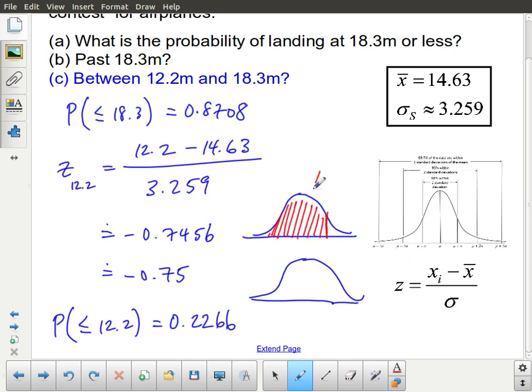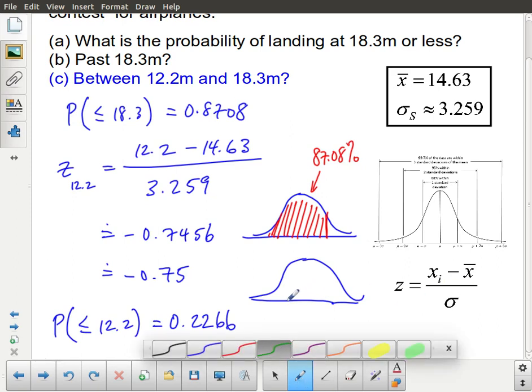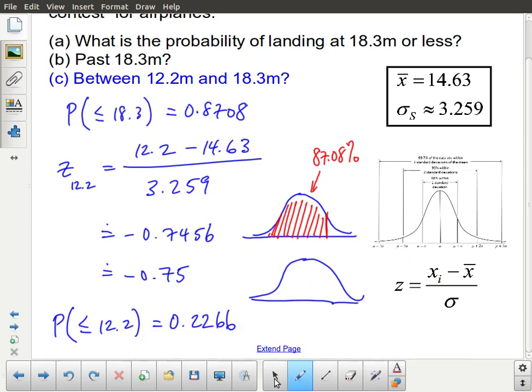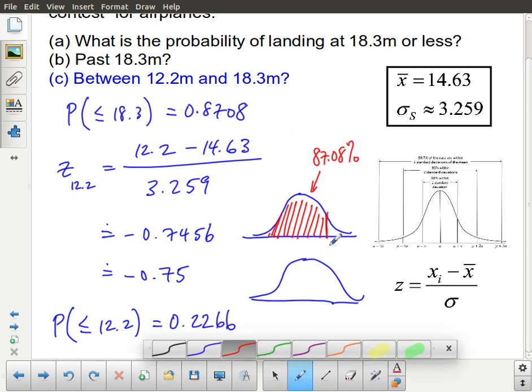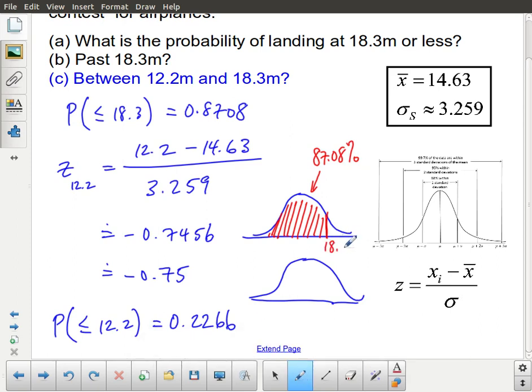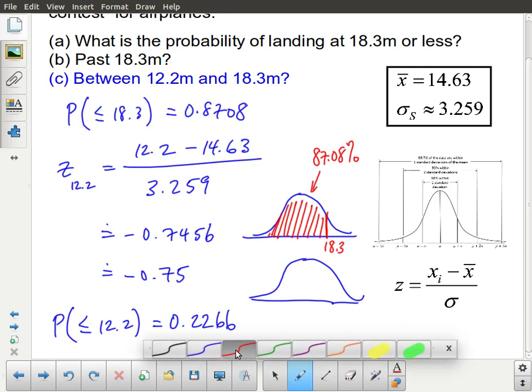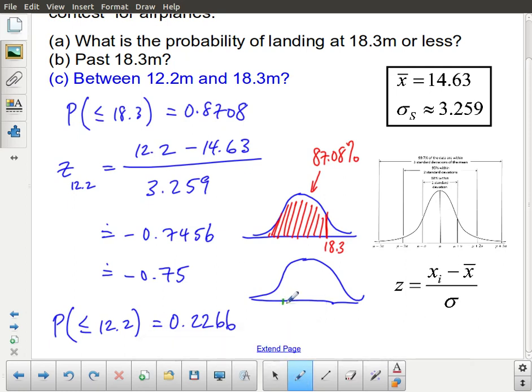So in there is 87.08% of the data. This was for 18.3. And the second one, which used 12.2, gave us a result of having 22.66%.